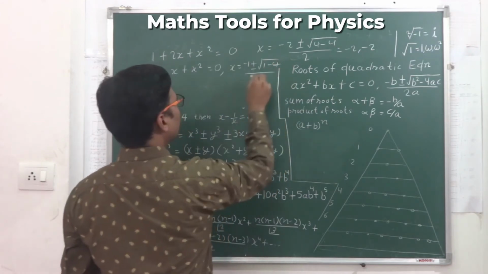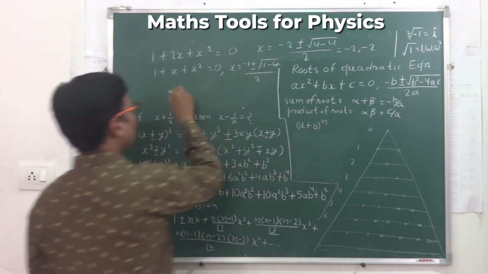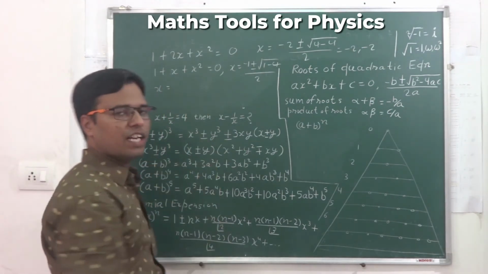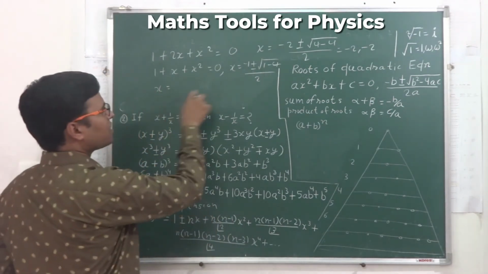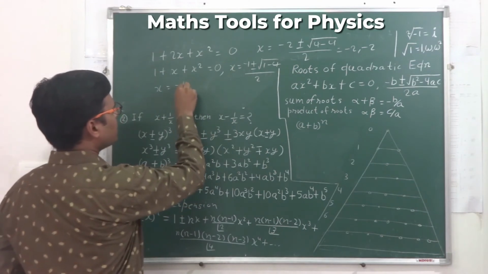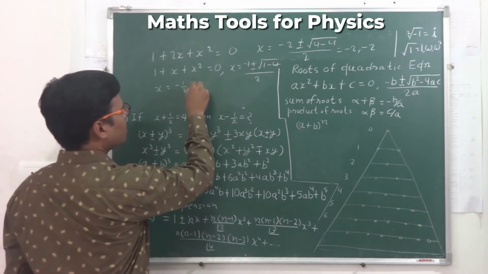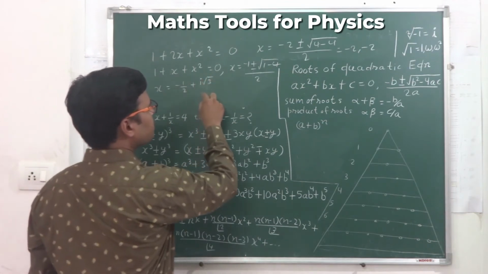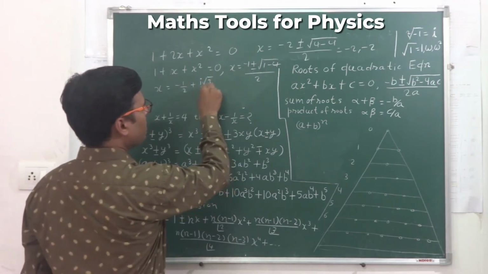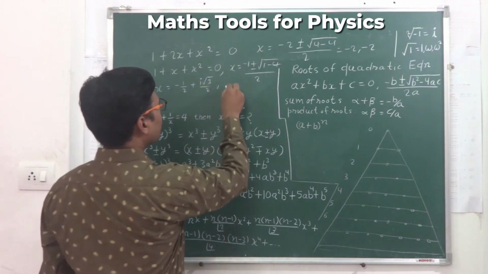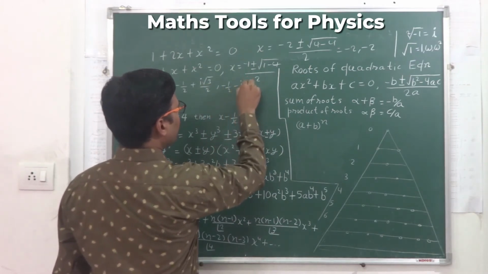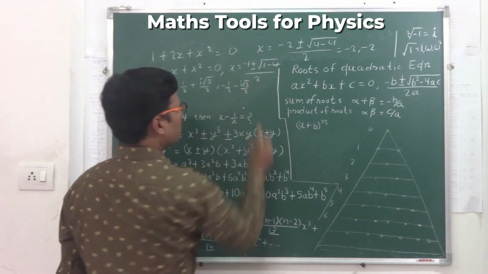So write 2 here. So the x value is equal to, this equation will have 2 roots here. The x will be equal to minus half plus iota square root of 3 by 2 and minus half minus iota square root of 3 by 2.